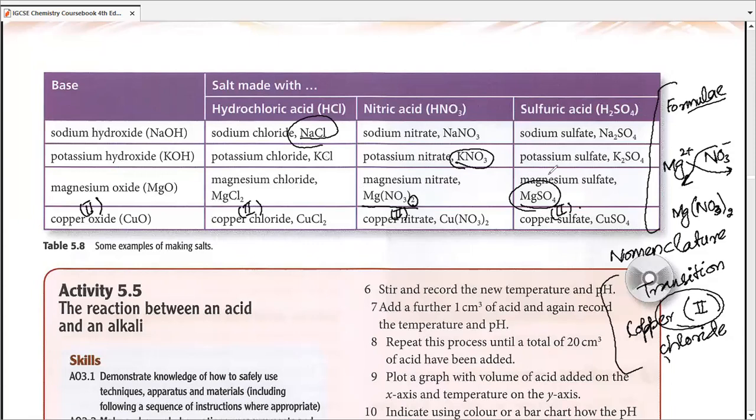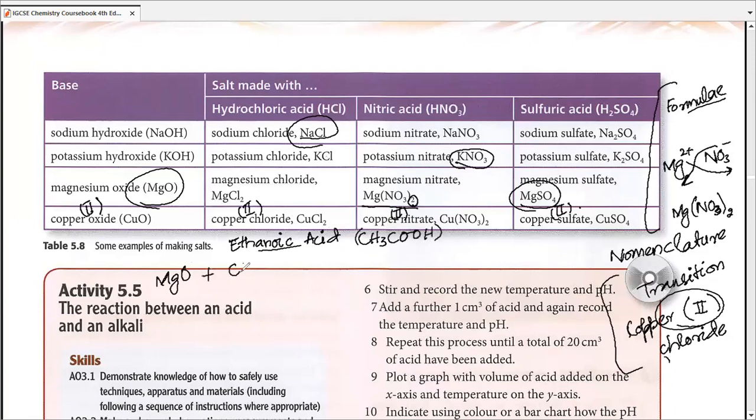Most of the time, most of the acids are easy. When I ask my students to come up with the names or the formulae or the reactions with ethanoic acid, it becomes a little difficult for them because ethanoic acid is an organic acid and it's treated differently. Let's say we started off with magnesium oxide. We have magnesium oxide over here, and we are supposed to work with ethanoic acid, CH3COOH. How is the equation going to be?